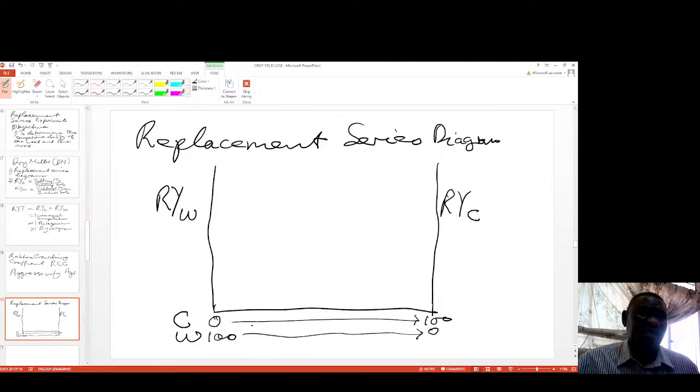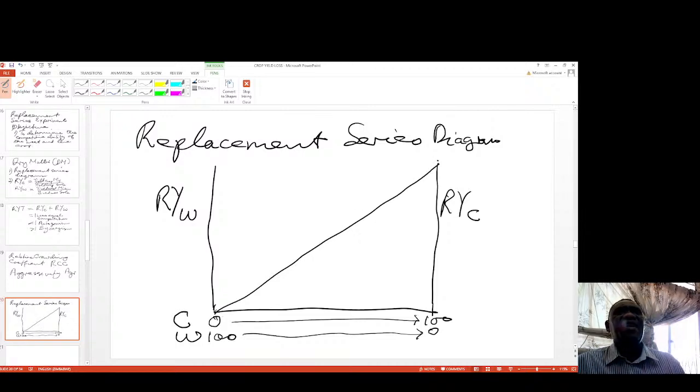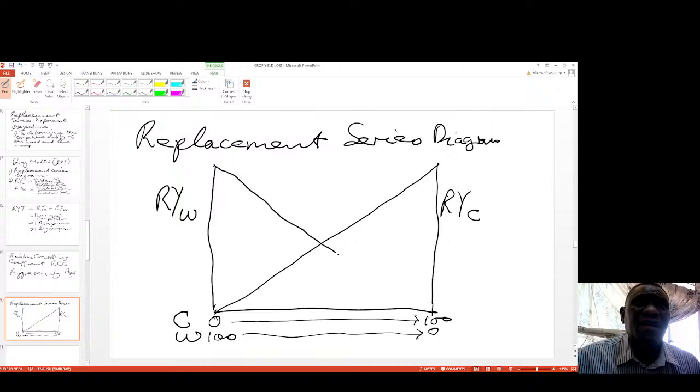So as we increase, this will also increase, maybe up to this point. Right, in a straight line like that. As for the wheat, we are starting from the top and decreasing to 0. Up to there. That is for the wheat.